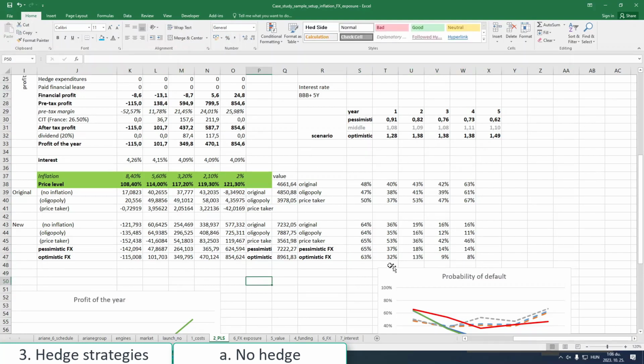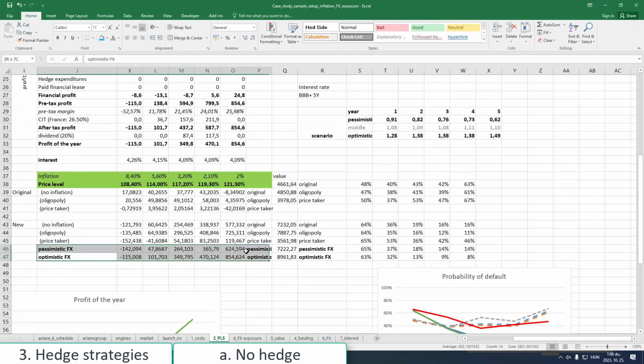So if we are doing nothing at all, and we are lucky also at the same time, absolutely lucky, then we can see that we can generate a lot of money, the value of the company will explode, and also the probability of default will be way lower.